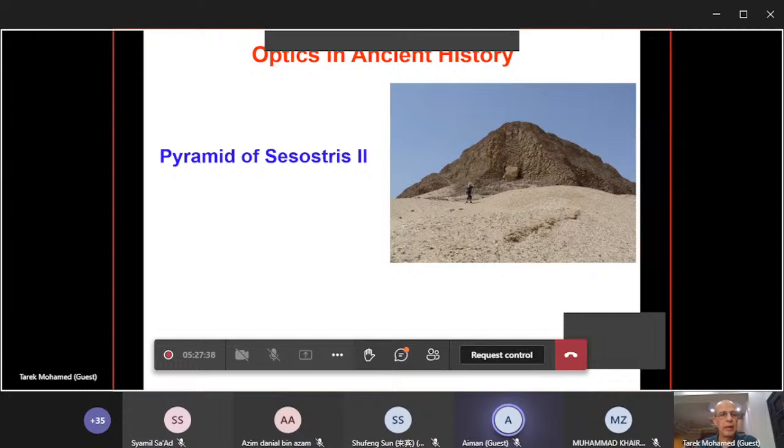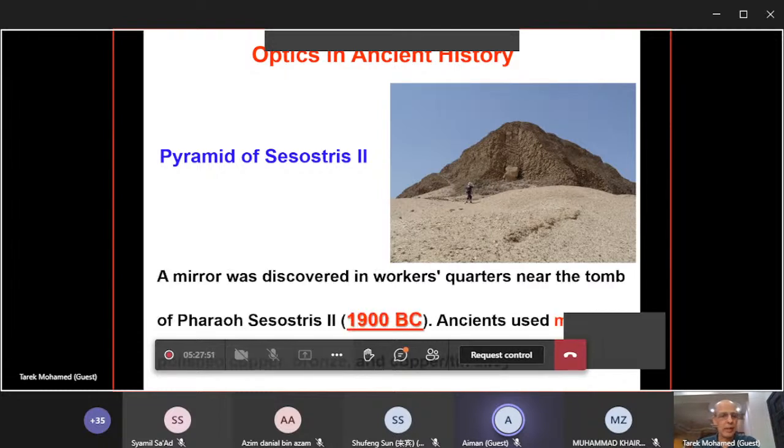I also found something about ancient Egyptian people. We have another pyramid called Sesostris II, and around this pyramid they found mirrors made of polished copper, bronze, and copper-tin alloy. So it looks like they were the beginning of the optics field, around 1900 BC.